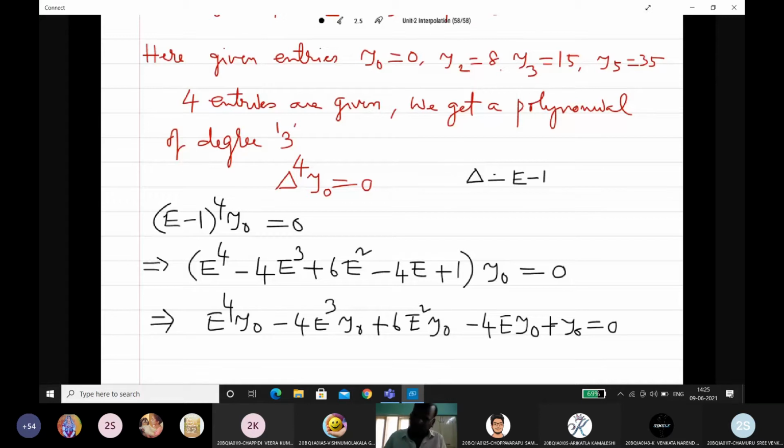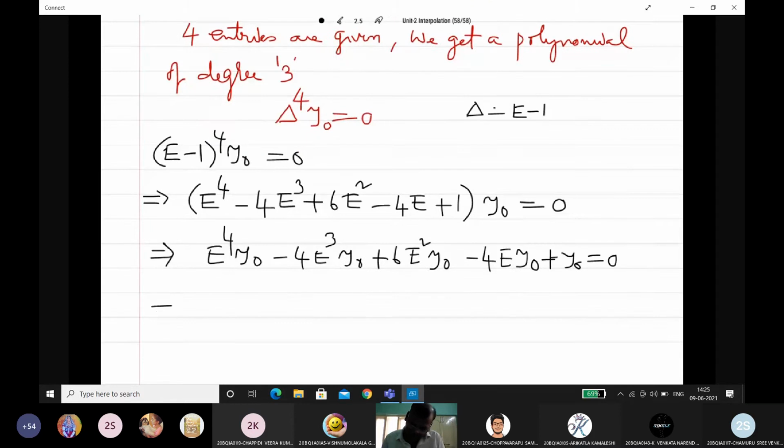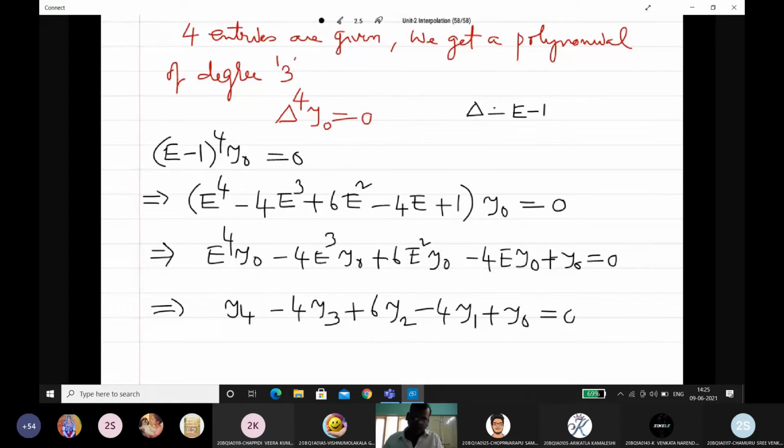Now applying the formula, that is y4 minus 4y3 plus 6y2 minus 4y1 plus y0 is equal to 0.